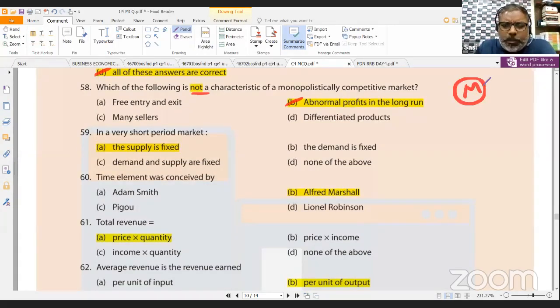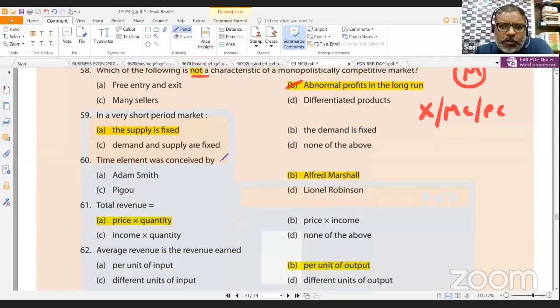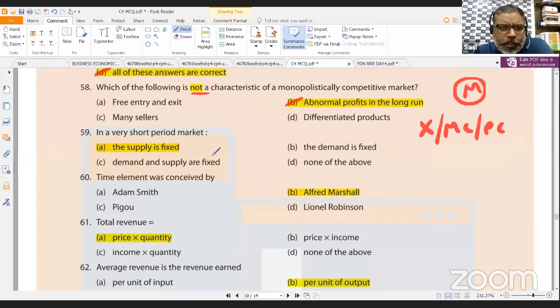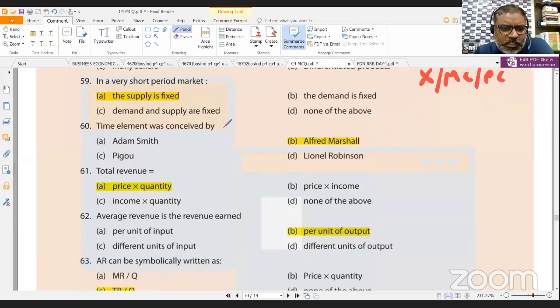Abnormal means supernormal. Supernormal profits in the long run can happen only in monopoly. They cannot happen in monopolistic competition, and they cannot happen even in perfect competition. So this is not a characteristic of a monopolistically competitive market. That is abnormal profits in the long run. A monopolistically competitive market can earn normal profits only in the long run. So B is the correct answer for question number 58.